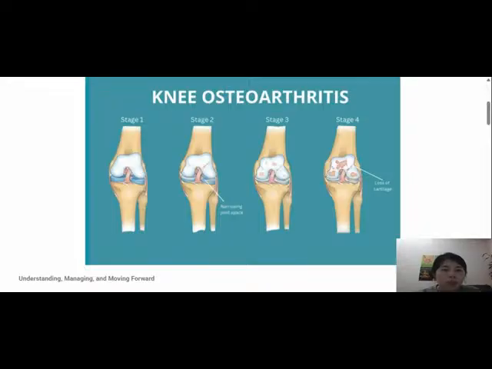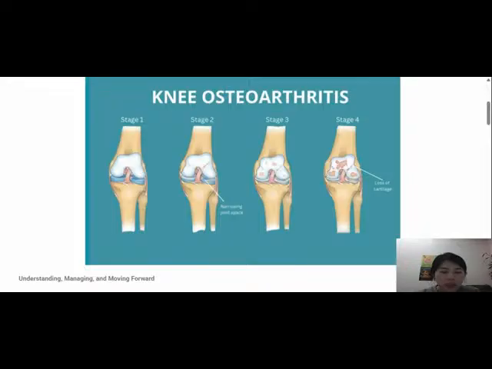It's really important, and if necessary, you might want to take some medications if the pain gets bad, or you can try some herbal medication.